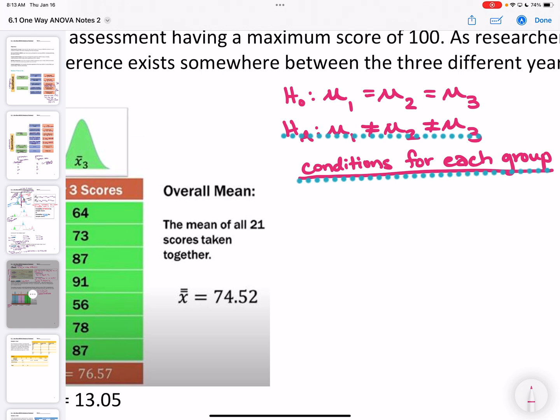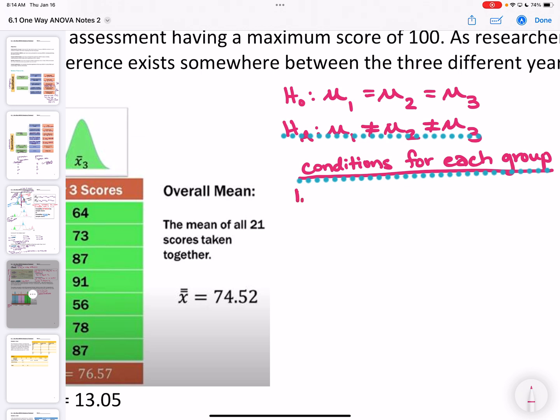So the reason why I reviewed with you the other day is because it's really important to remember t-test, 1 prop z-test, 2 prop z-test, all those tests we ran first semester. Well, we're looking at averages. What were your conditions when we had a test for averages, or an average compared to a claim? What were your conditions? Do you remember for a t-test?